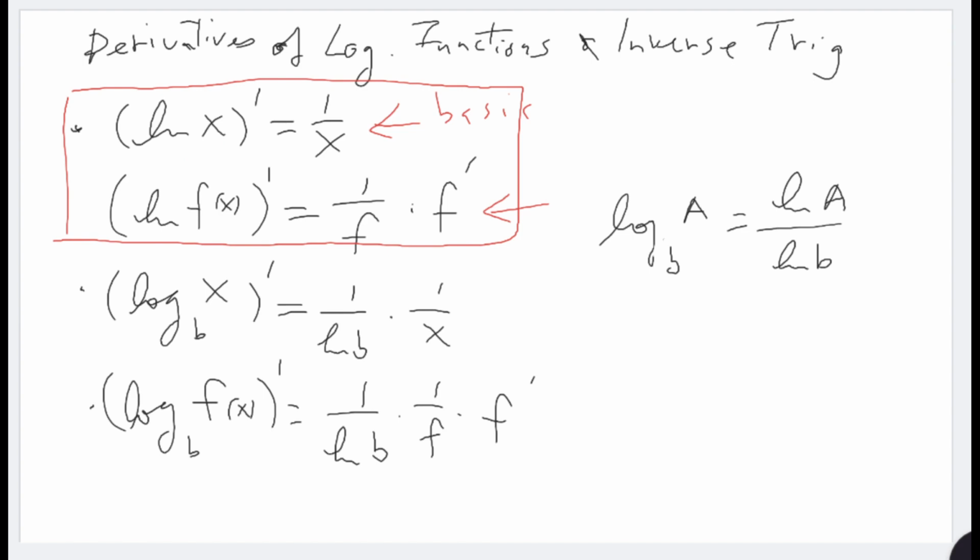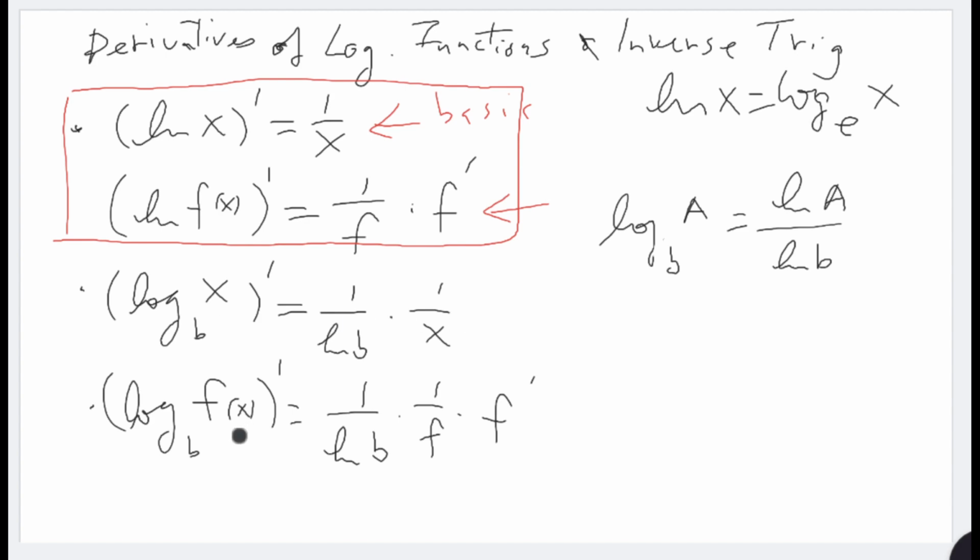So let me just write it down. By ln, we mean log to base e. When the base is some number other than e, we use b. Now, what's the derivative of a general log? It's 1 over ln b times 1 over x. So we have a formula here too.